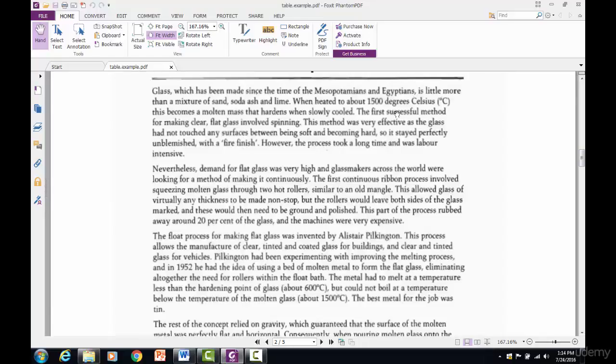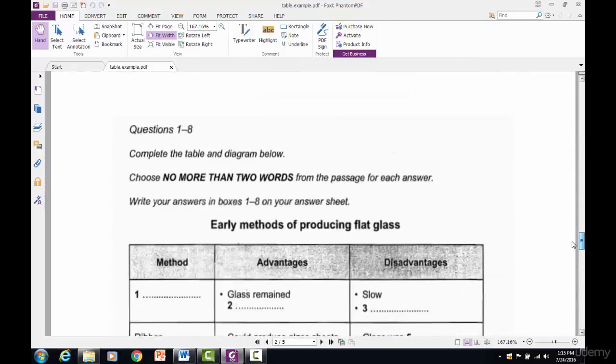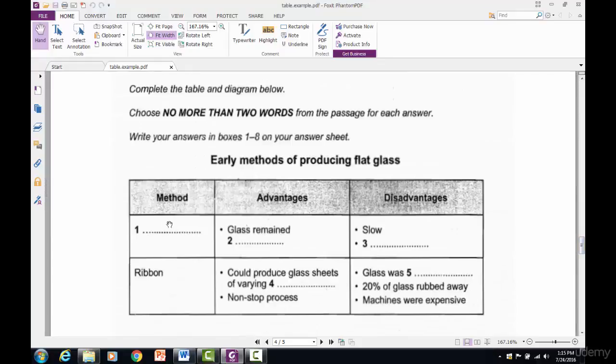Well, as we're scanning, we actually see number 1 right here. It says the first successful method for making clear flat glass involves spinning. Okay. So that's actually our answer for number 1 right here, the spinning method. Right? That's the first method. The first method is spinning.